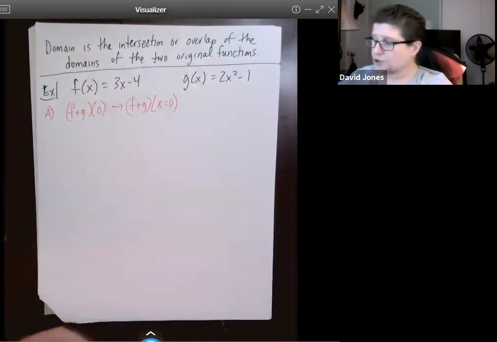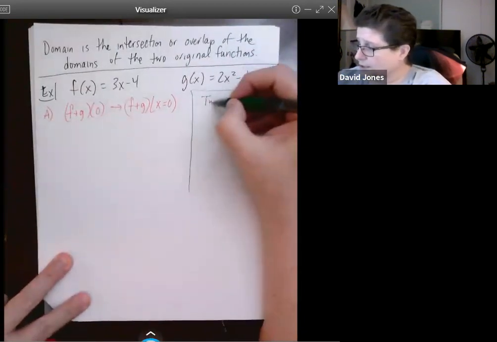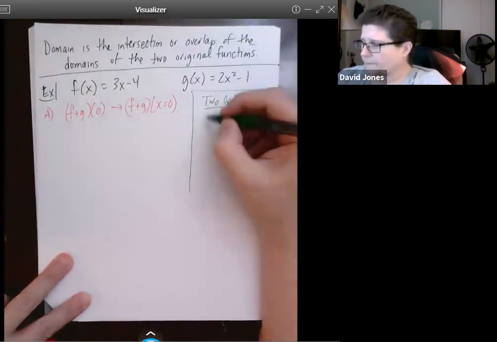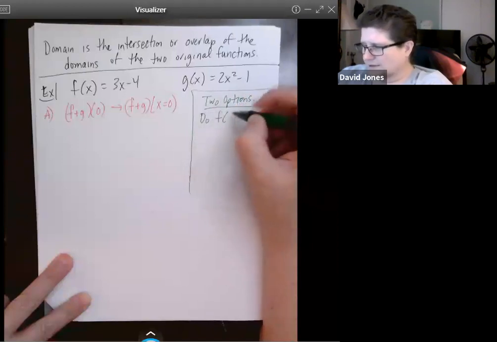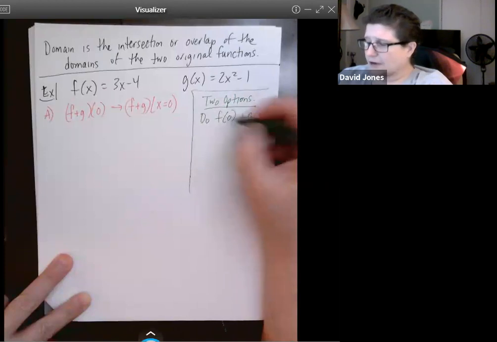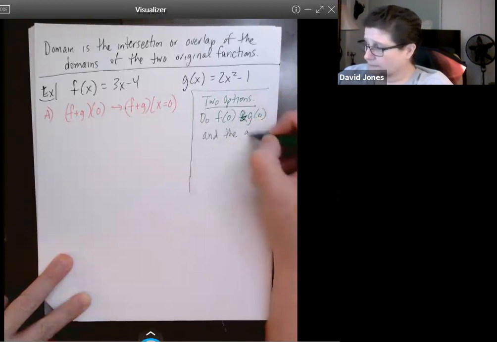Now you have two options here. Do f of 0 and g of 0, calculate them separately, and then add.